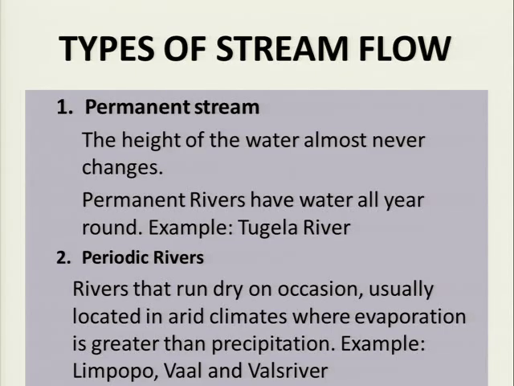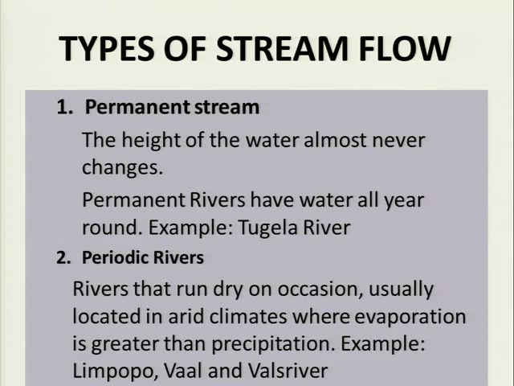Then these periodic rivers in the Free State, like the Vaal River and the Vals River and the Sand River, will have water. And depending on how much it has rained, they will have either a lot or a little water, but they will have water. But in the winter season, it is possible that those rivers can run dry, or at least parts of those rivers can run dry.